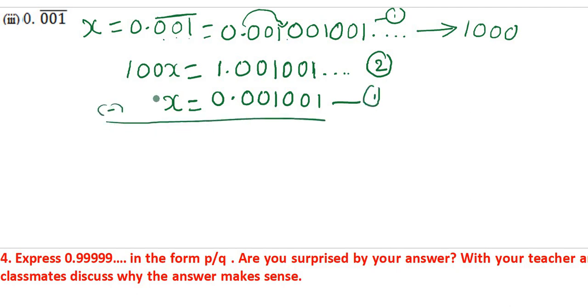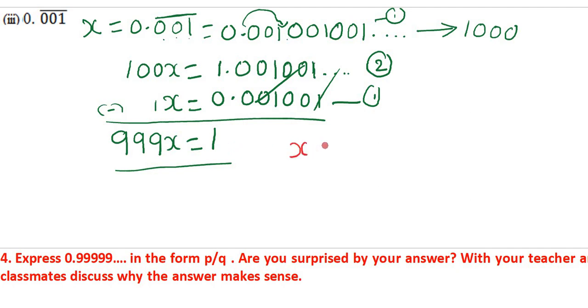In 1000x, we subtract 1x, so it becomes 999x, and here the whole repeating part is cancelled, only 1 is left. Our answer: we move 999 to that side, so x becomes 1 by 999. This is our answer. This is our P and this is the Q.